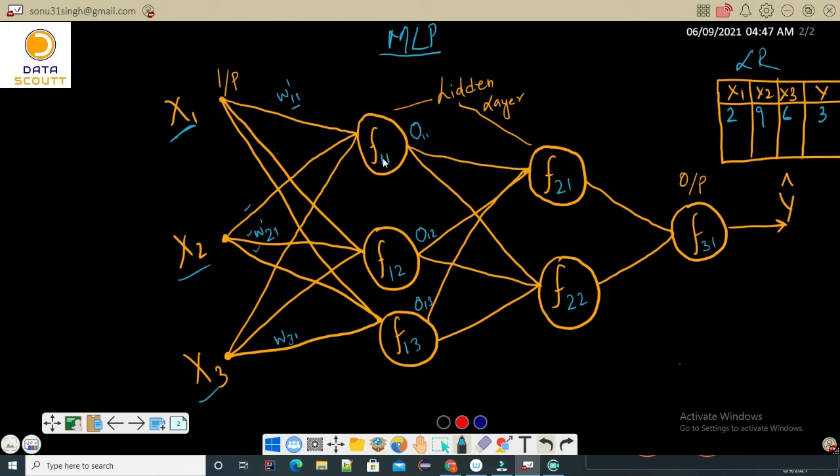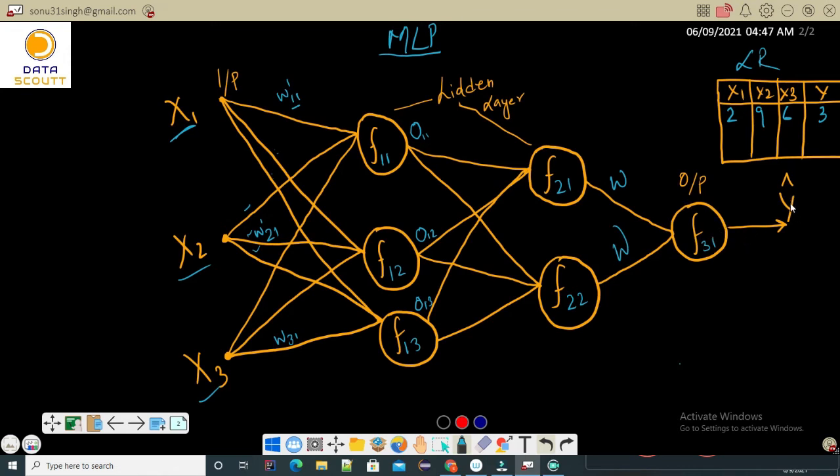Then again the output from these activation functions becomes input to the next layer of neurons. And from this level, again we have the corresponding weights, which is going to the final layer of neuron, which is nothing but the output layer, which gives us the y hat.